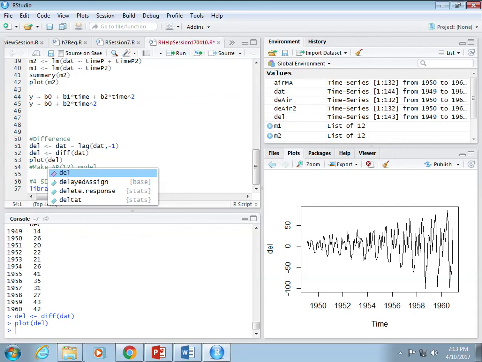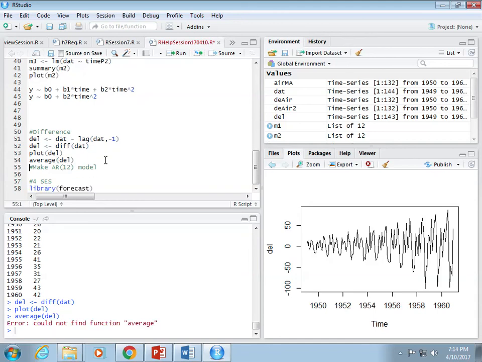But it's more about the overall trends. If I look at the mean value of del, it's 2.237. So that's the average increase from the previous one.